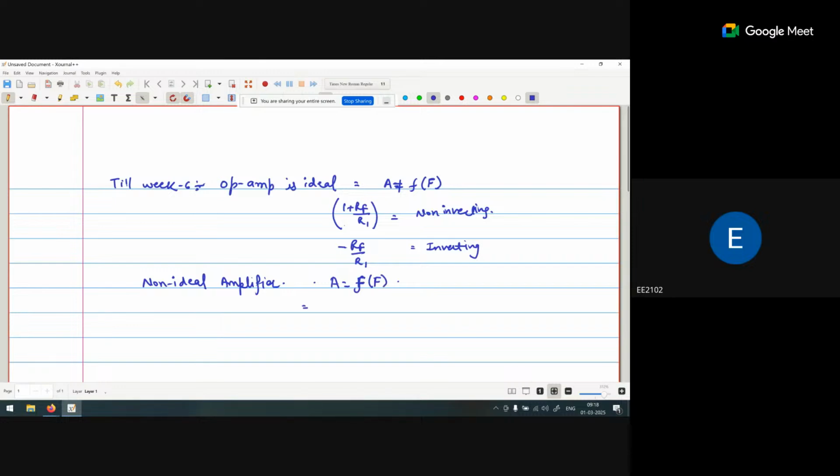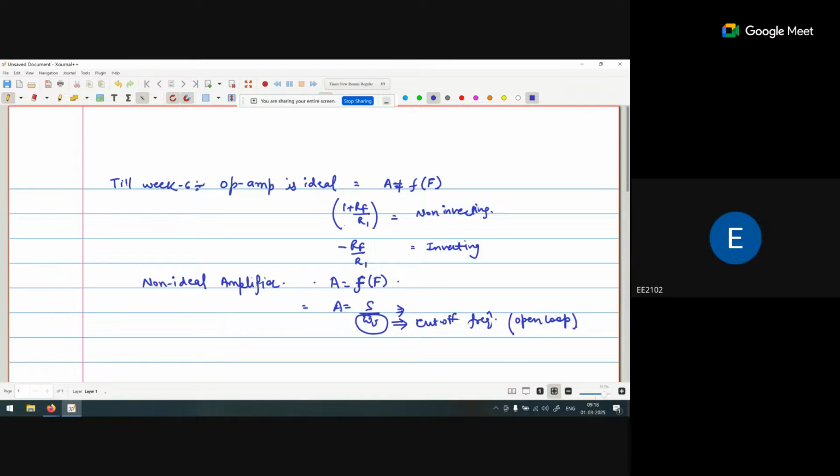If we define A as omega u by S or S by omega u, this is dependent on the frequency, and this omega u is nothing but the cutoff frequency, the cutoff frequency for open loop.